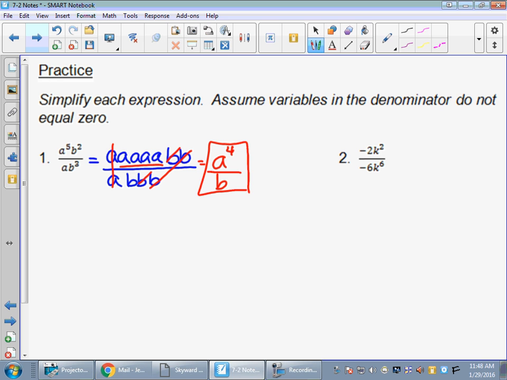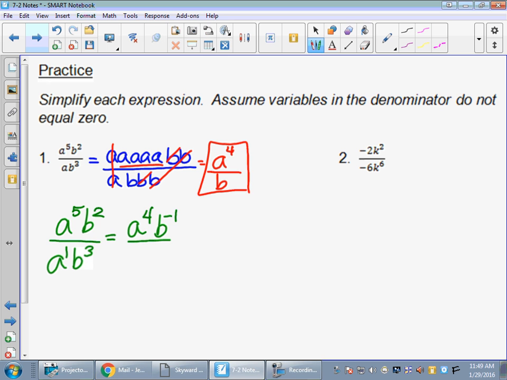So let's see if I can make that same thing happen using my rule. Using the rules, I'm dividing, so I'm going to subtract the exponents. When I subtract my exponents, the a in the denominator has an exponent of 1, so it's going to be a to the 5 minus 1 is 4. And when I subtract my exponents with the b's, I have b, 2 minus 3 is negative 1.